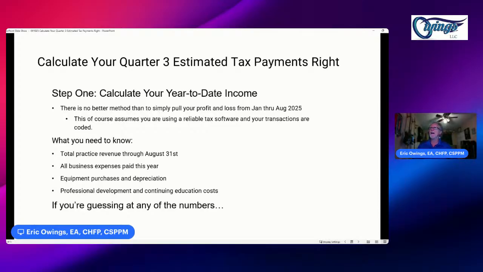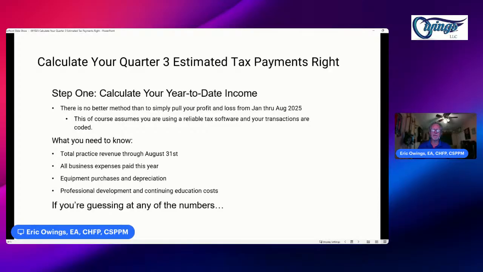So what you need to know is your total practice revenue through the 31st of August. That gives you an 8-month picture of what your finances are. And that includes all your business expenses. Equipment purchases and depreciation is important, especially if you've got anything that's been put into service after inauguration day of this year, from January 20th, 2025 to present.